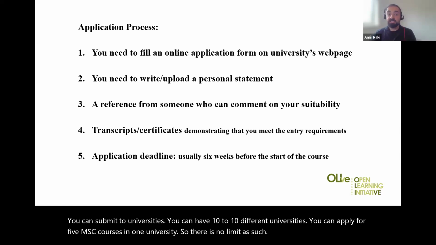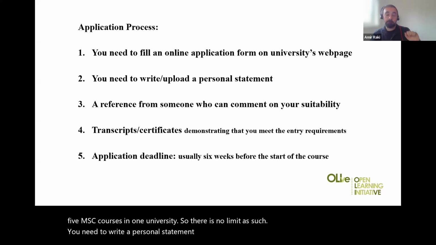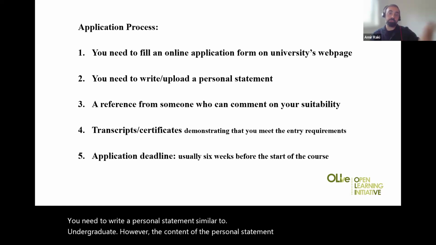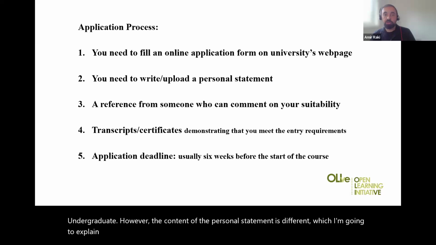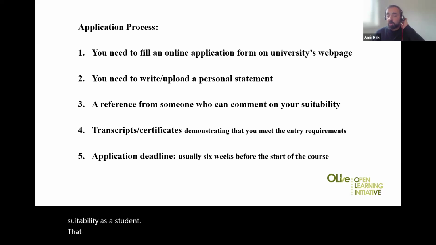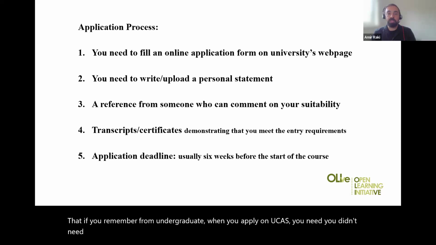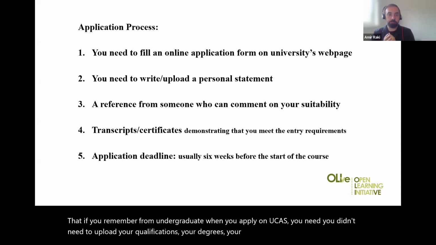You need to write a personal statement similar to undergraduate. However, the content of the personal statement is different, which I'm going to explain later. You need to have a reference, someone who can comment on your suitability as a student. If you remember from undergraduate, when you applied on UCAS, you didn't need to upload your qualifications, your degrees, your grades, and so on.